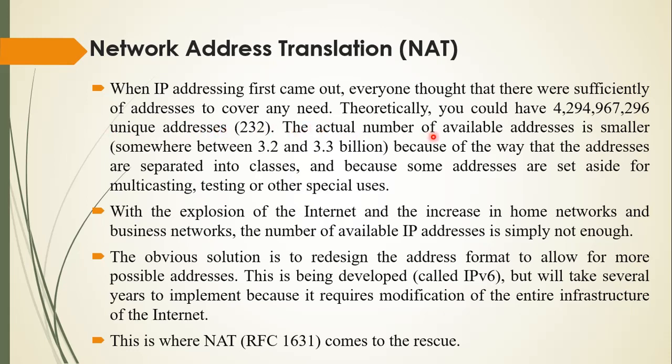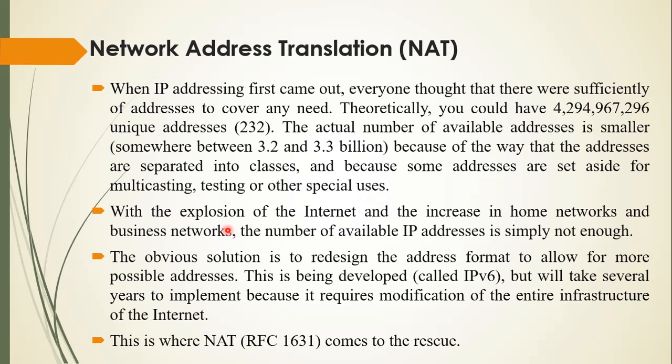The actual number of available addresses is smaller because of the way that the addresses are separated into classes. They are divided into 5 classes, and some addresses are set aside for multicasting, testing or other special uses.